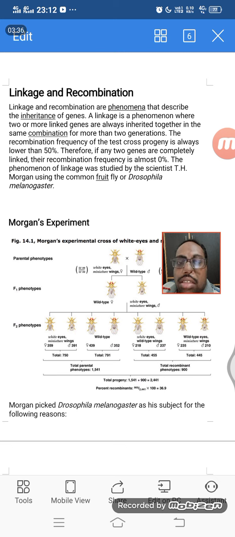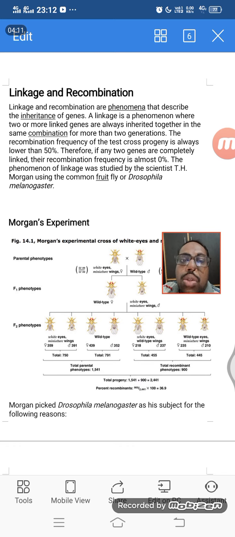In some cases, genes are linked. Linked means both genes are joined or attached together. In that condition, genes can't assort independently. The third Mendelian law is the law of independent assortment. The characters can't independently assort, that means independently mix. This is what Morgan said.